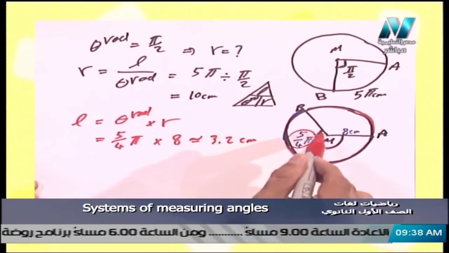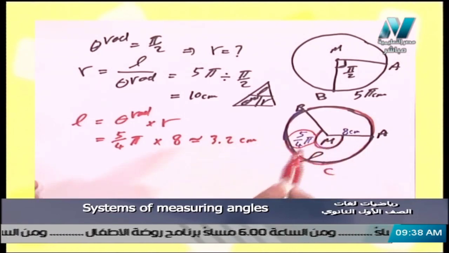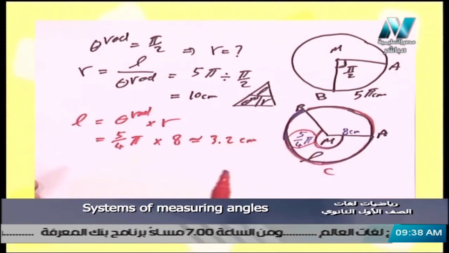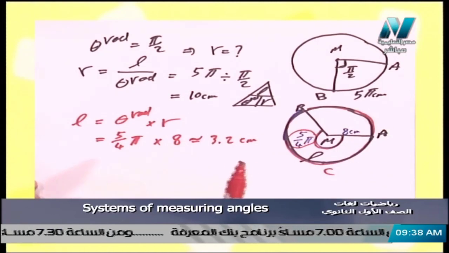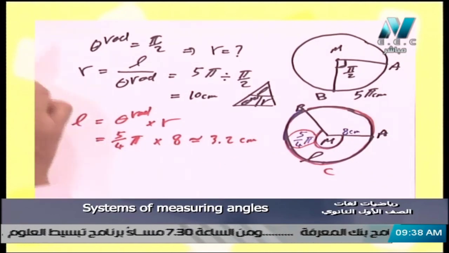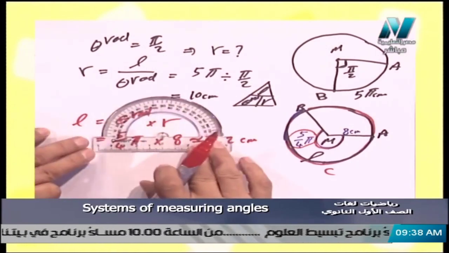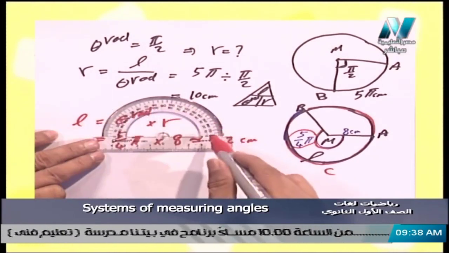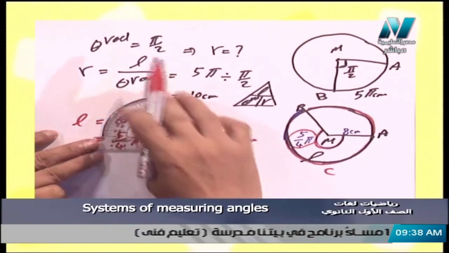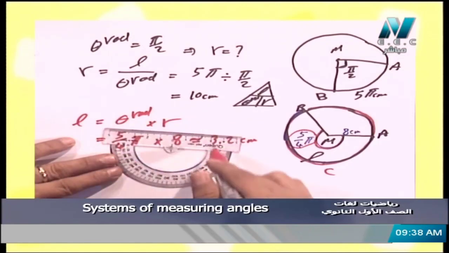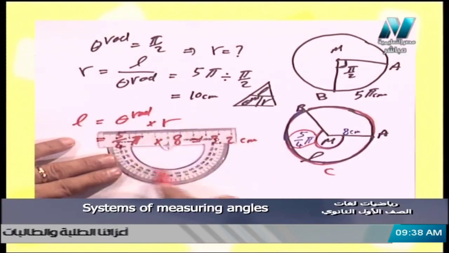Okay, and if you want to find the minor arc, first we have to subtract this measure angle from 360 degrees if we deal with degree measure, and from 2 pi in radian measure. We know that in this protractor, this semicircle is 180, which is pi, and the remainder here is another 180 degrees or another pi.